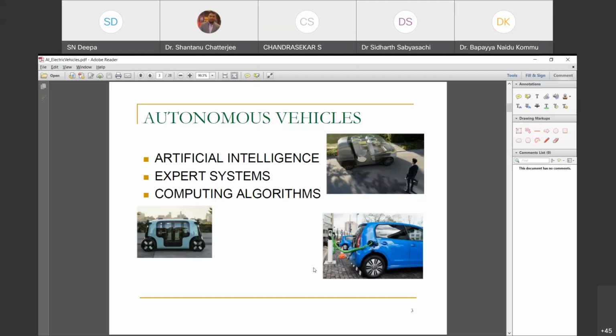In defense, in certain places, the military persons do not require a person on board, they want only the system, like how drones are developed for the sky.